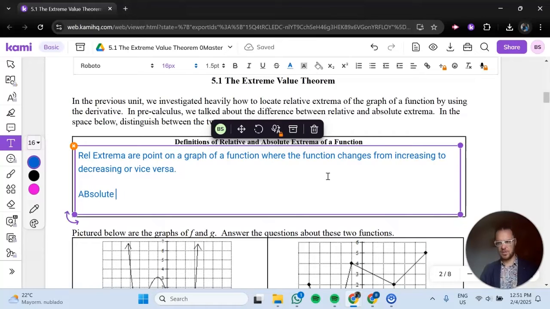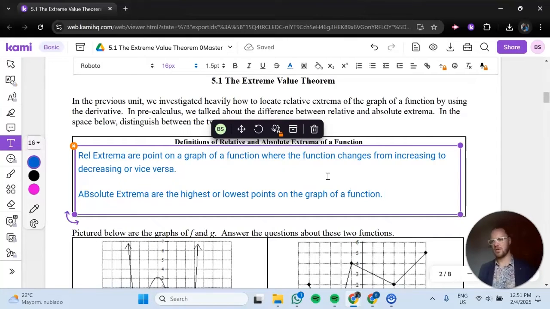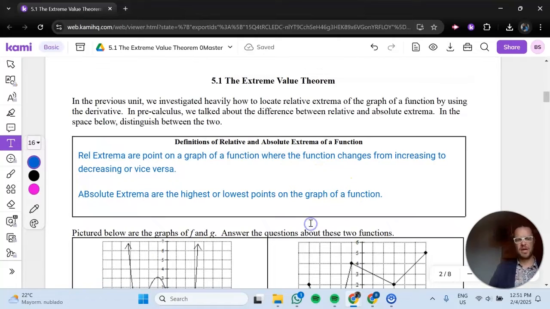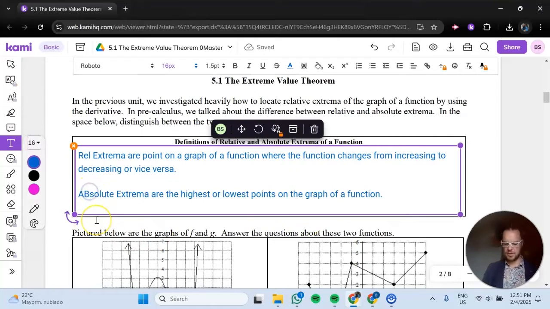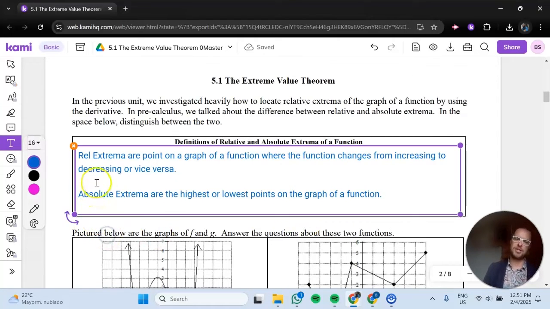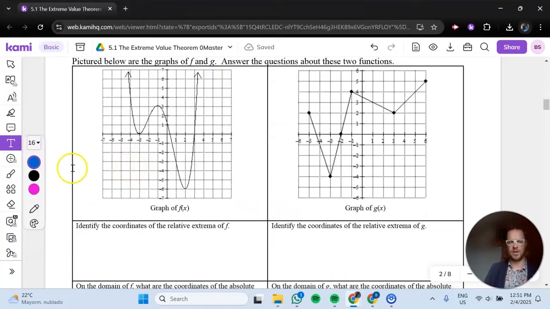Absolute extrema are the highest or lowest points on the graph of a function. Okay? Biggest difference there is going to be that our absolutes can actually be on our endpoints, whereas our relative obviously can't be. We're going to see that in action as we get going here.